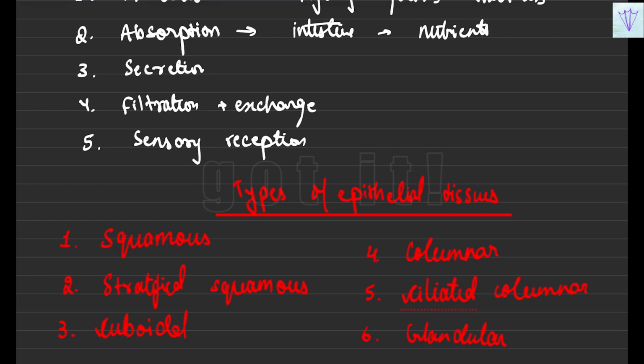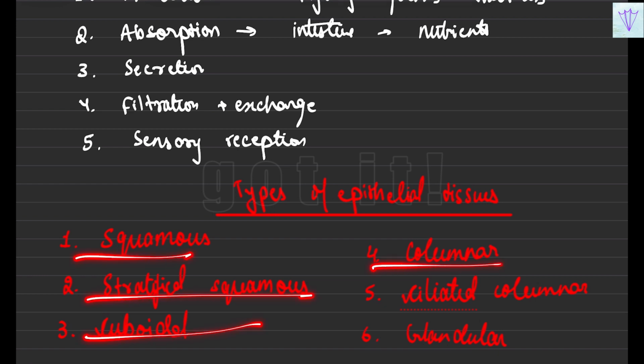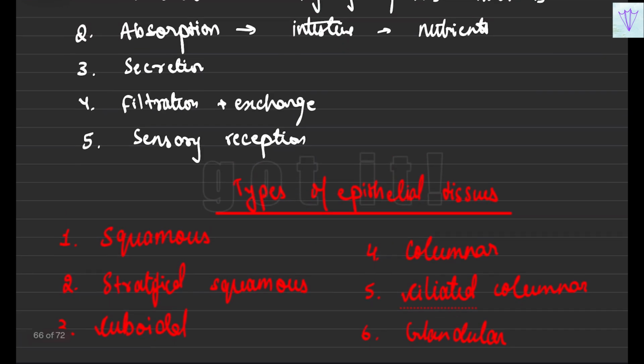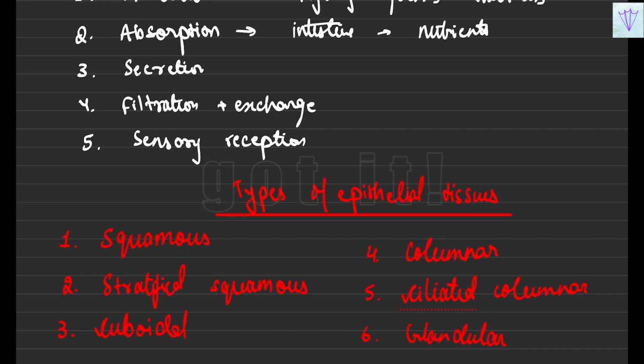All this we will be able to understand with the help of the names itself, but one by one we'll be studying about the structure, location and all these things. First, starting with the squamous epithelium.